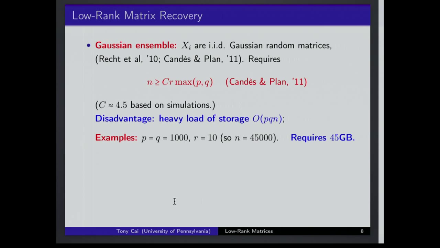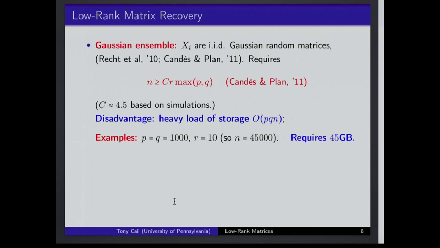And as long as n, the number of samples, is greater than or equal to some constant c times r, where r is the rank, and p and q are the dimensions of the matrix, it can be shown that with this number of measurements, you can recover the unknown low-rank matrix exactly with high probability. But there's only a small problem. The problem is that we are dealing with matrices, so we need to store all those n measurement matrices for future use.